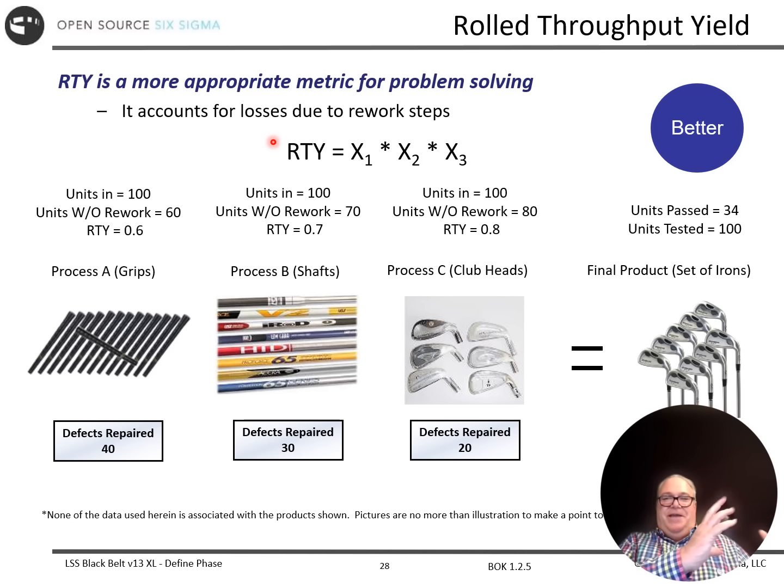So from their perspective, I'm great, I'm delivering 90%. From my customer's perspective, we're not so good because they only get all their parts 64% of the time. So we need to bridge that gap between yield and rolled throughput yield from a customer perspective.